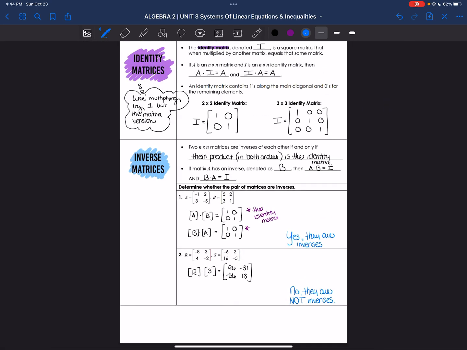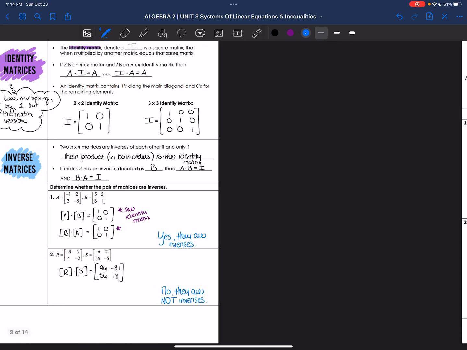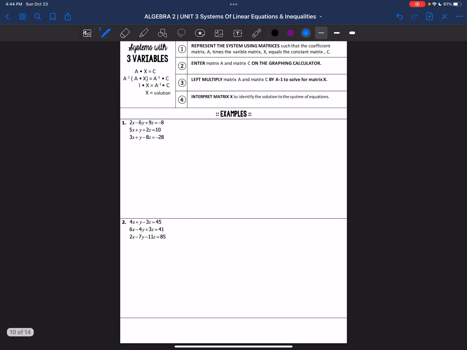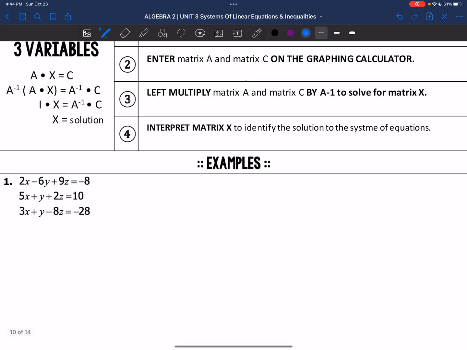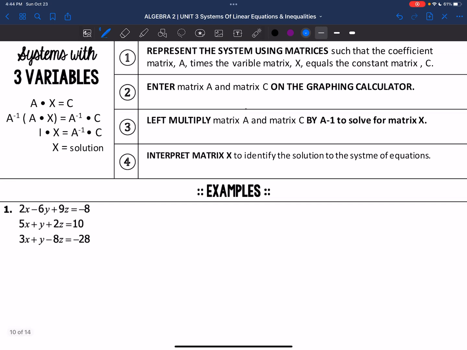So ladies and gentlemen, I introduced those because we are going to need to have an idea of these identity matrices and inverse matrices as we look at solving systems using matrices. To solve a system that has 3 variables, check it out. Look at what we've got in our system down here below.